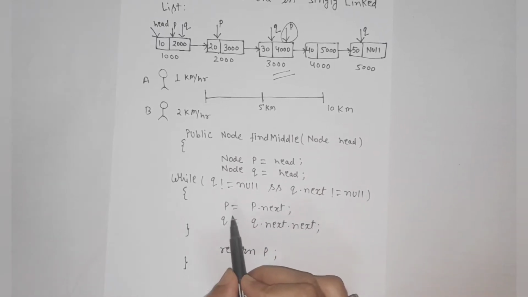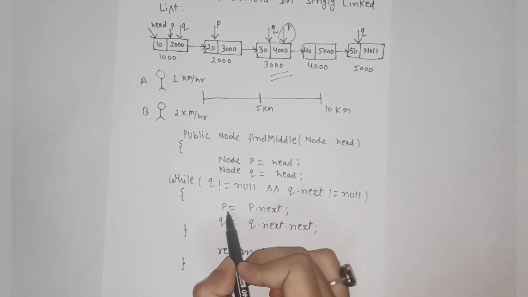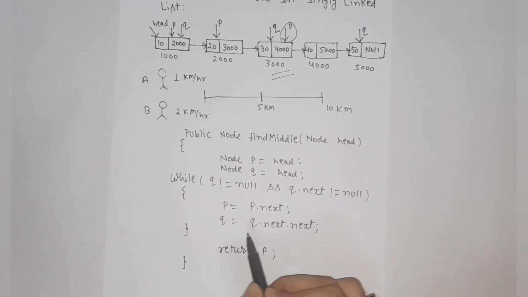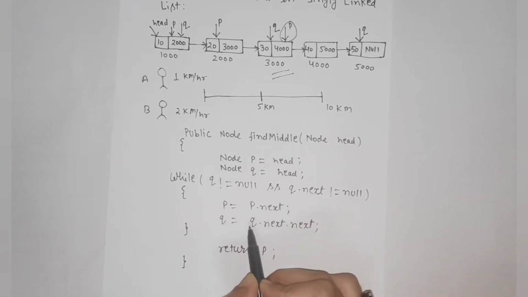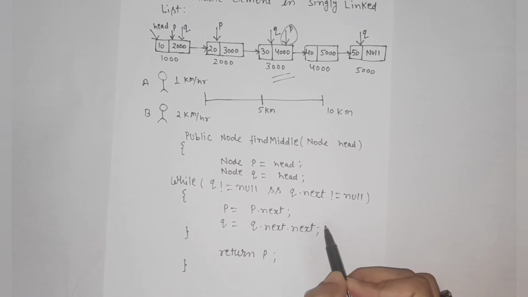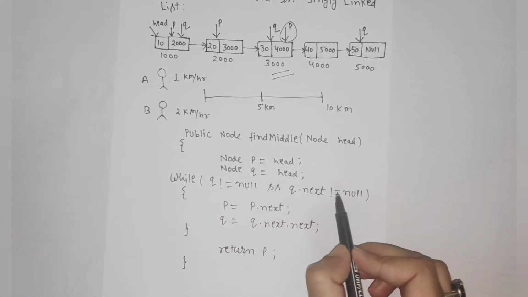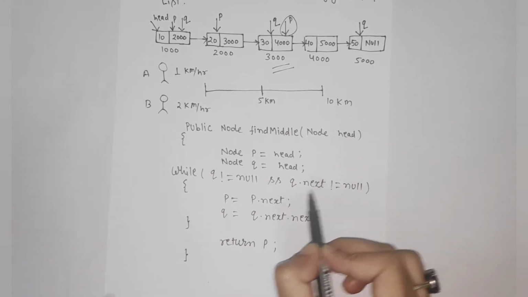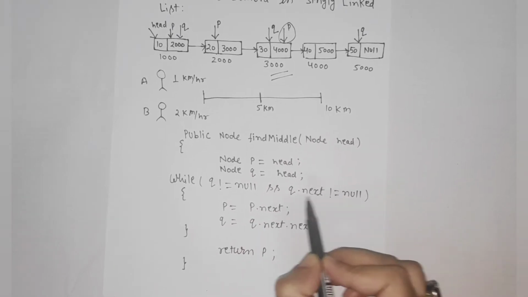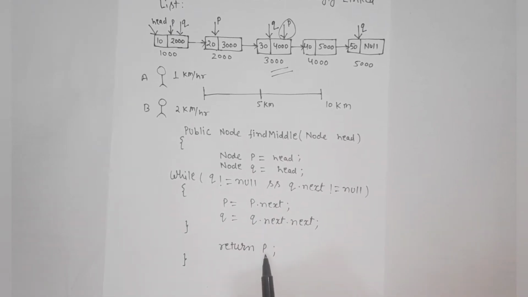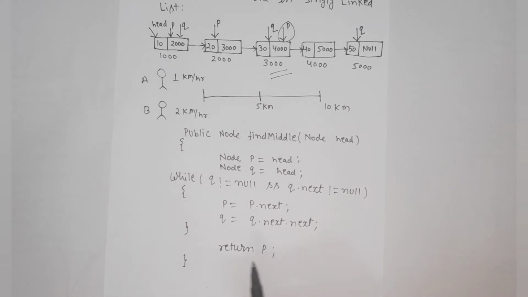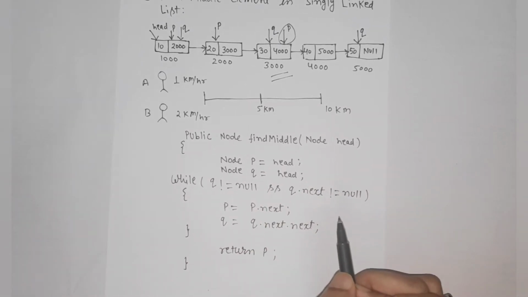So we will increment P by 1 node with P equal to P next and Q by 2 nodes with Q equal to Q dot next dot next. Suppose this condition is false, it means we have reached our end point. So we will simply return the address of P. So here we can find the mid element.